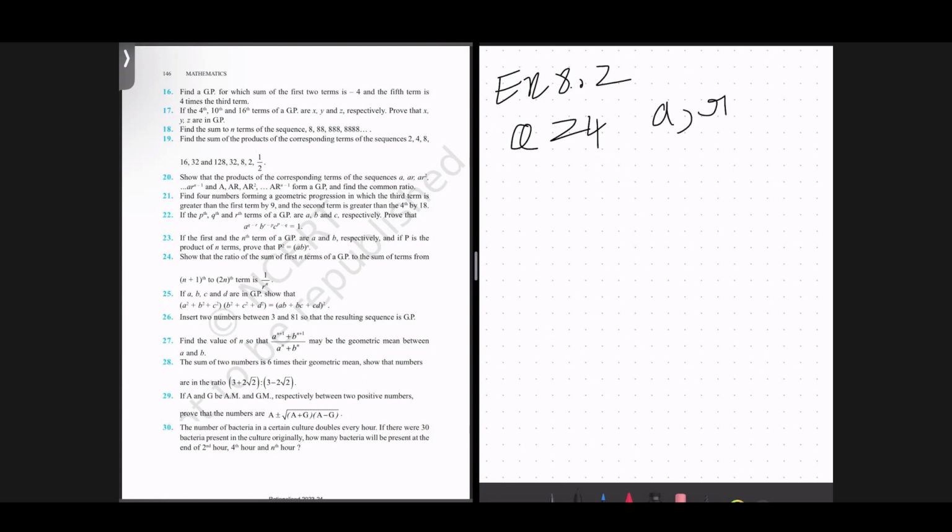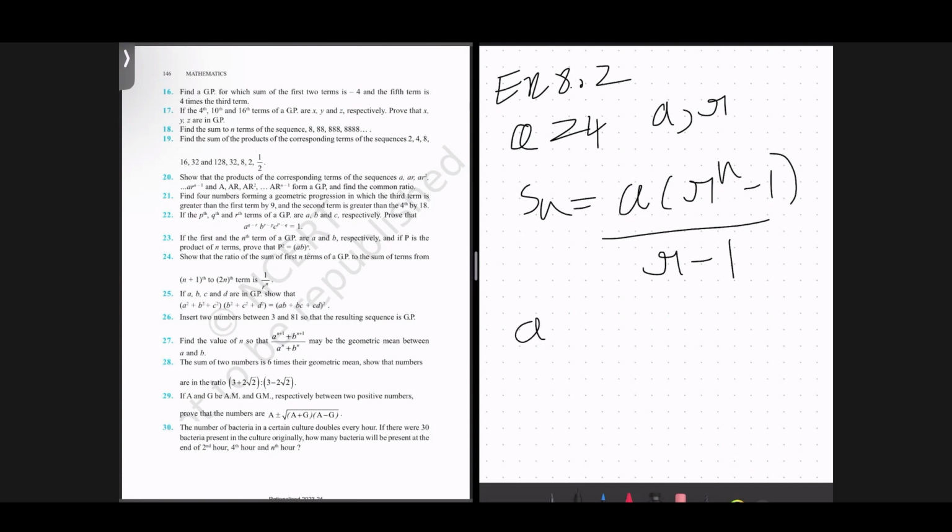Therefore, the sum of the first n terms of this particular GP is going to be Sn, a into r raised to the power n minus 1 upon r minus 1. Correct. So that is going to be your Sn term. What is going to be the n plus 1 term of this GP?